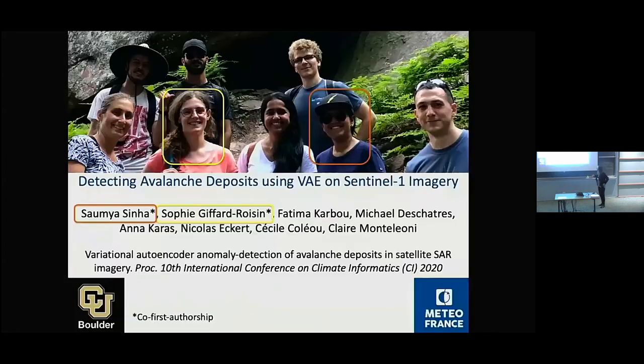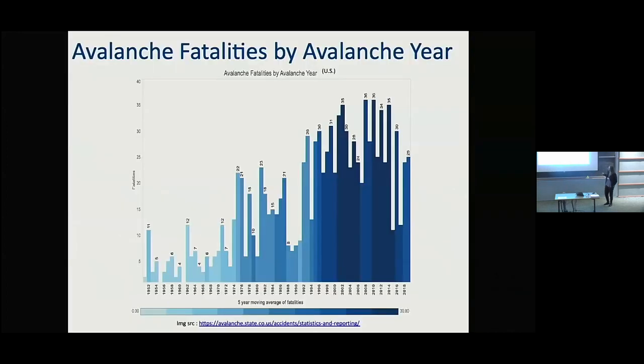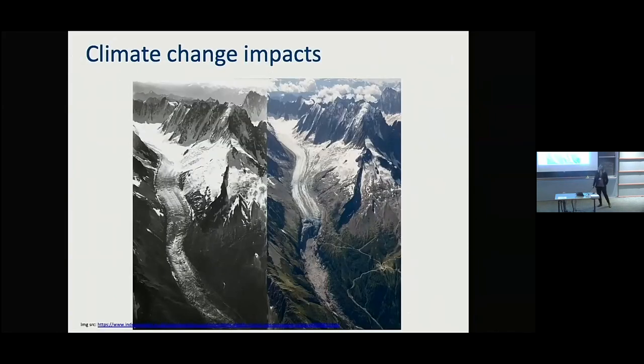But anyway, this avalanche work was led by my postdoc and student. Sophie's now at IRD in Grenoble. And I think there might be some correlation to climate change. I'm not going to claim it. That said, we can also certainly study climate change impacts by looking at detection of avalanches.